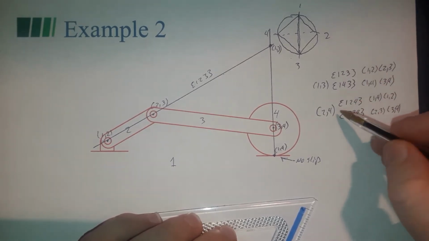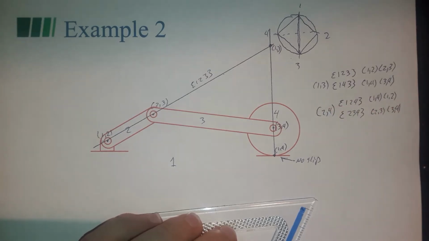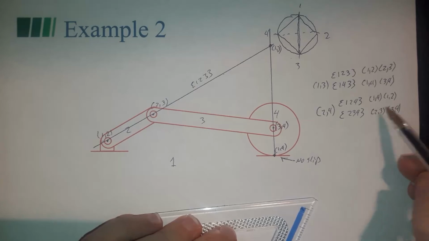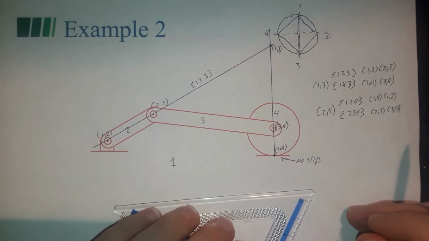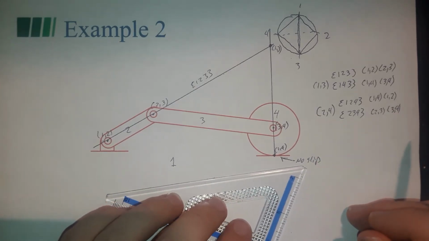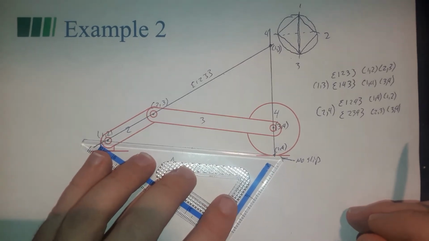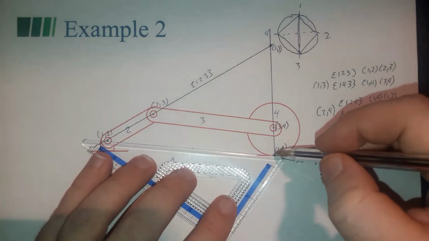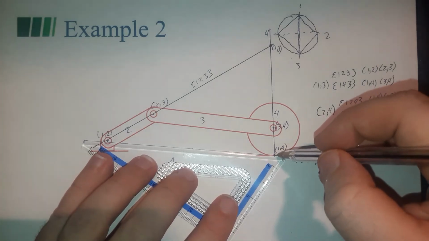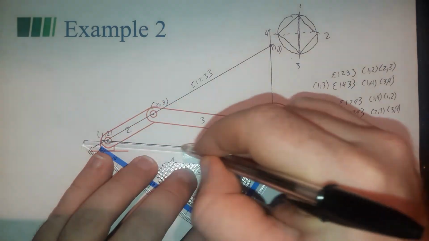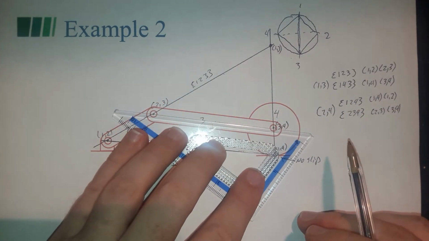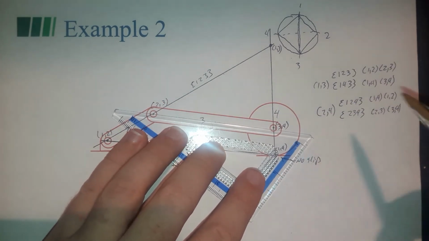I need 2 lines to find an instant center. And so it comes out that I need 4 points to find a new point. So, all right. Let's go, and 1, 2, and 1, 4 are right here. And 2, 3, and 3, 4 are right here.